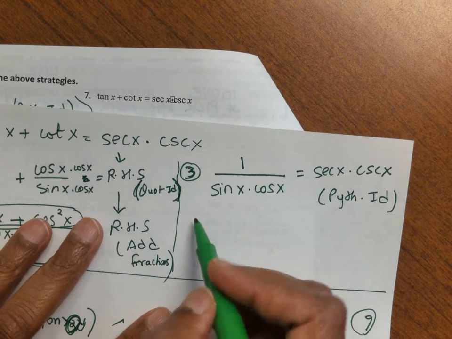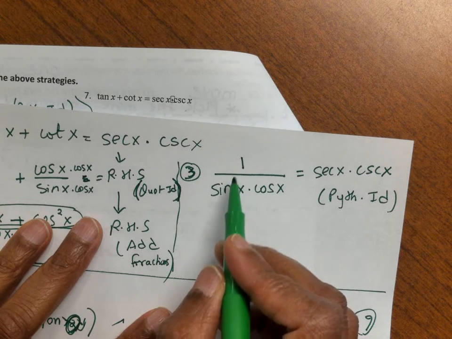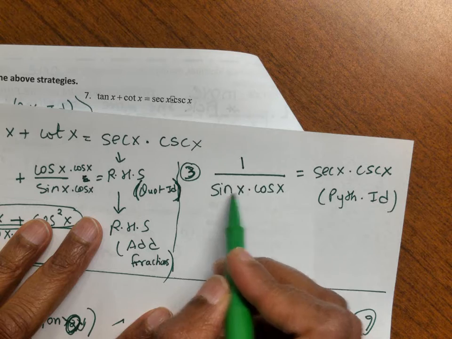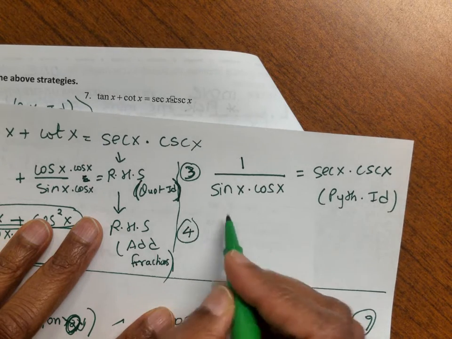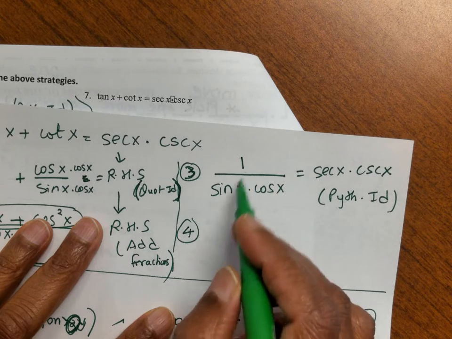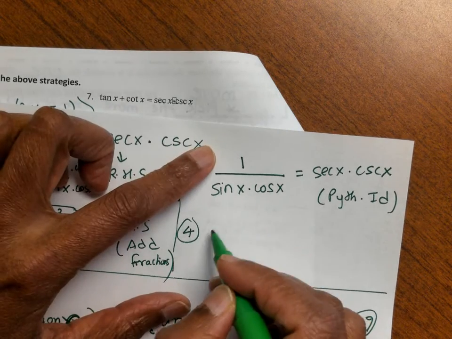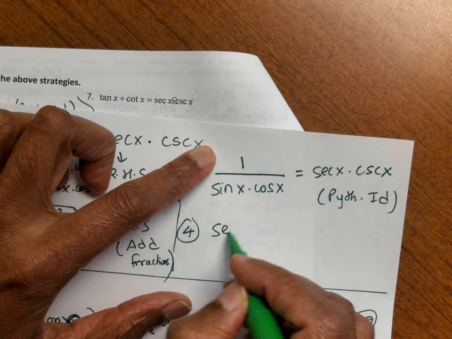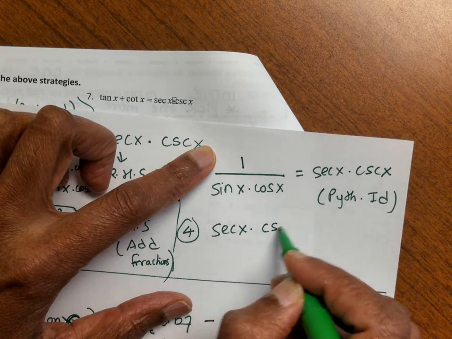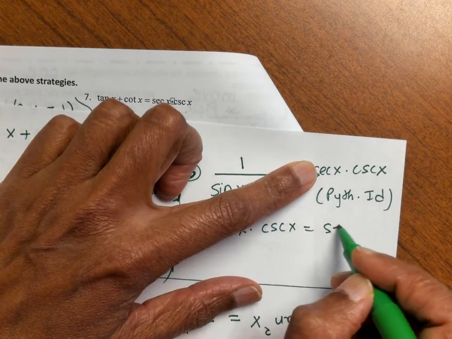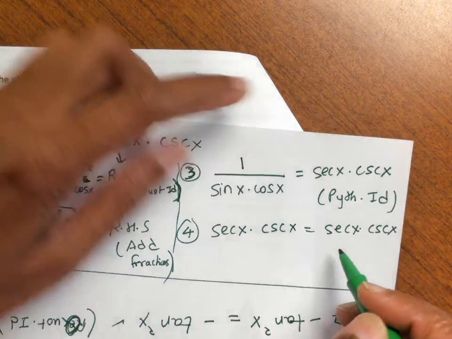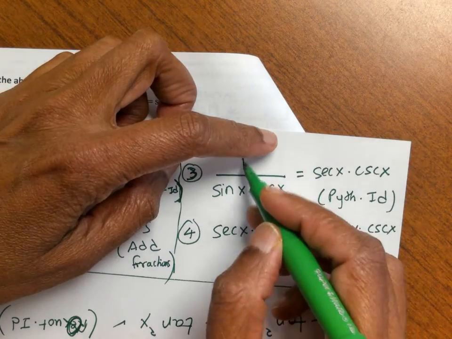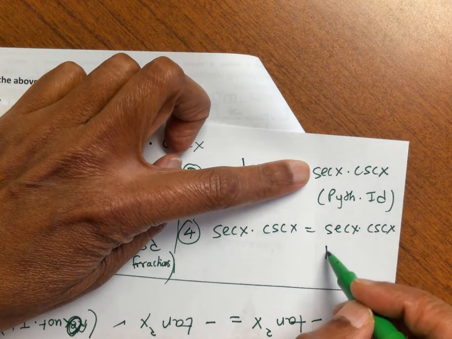And then what do I notice here? 1 over sine x and 1 over cosine x can be written as, basically 1 over sine x is cosecant x, and 1 over cosine x is secant x, and basically I used the reciprocal ID.